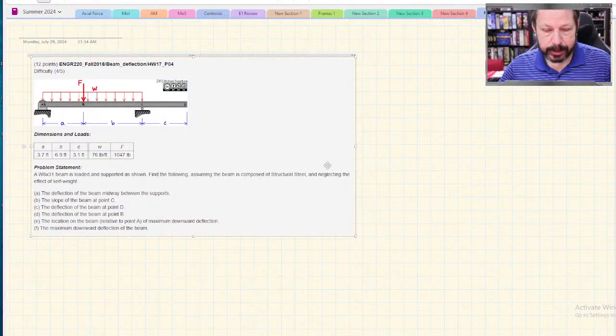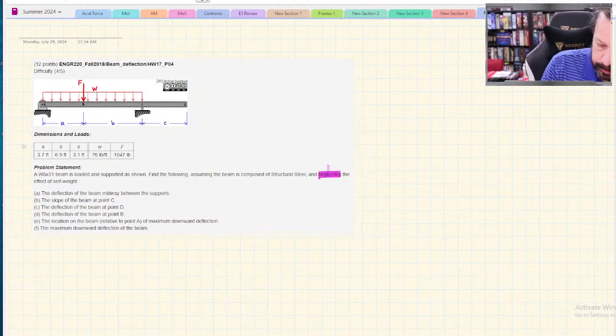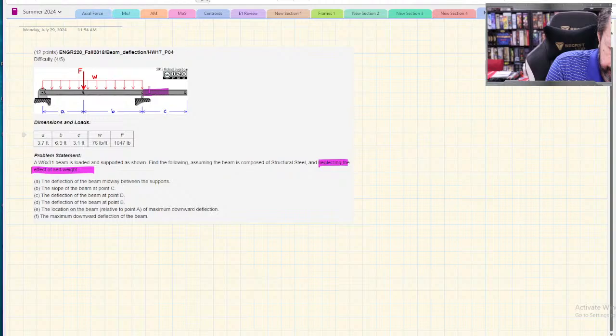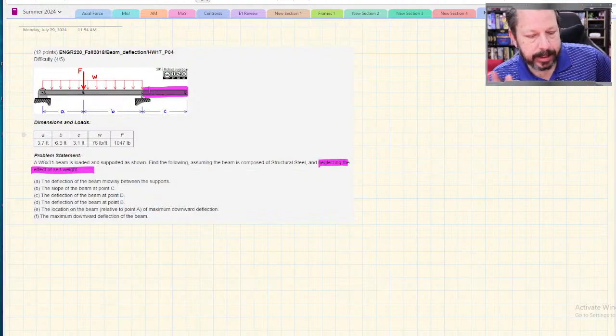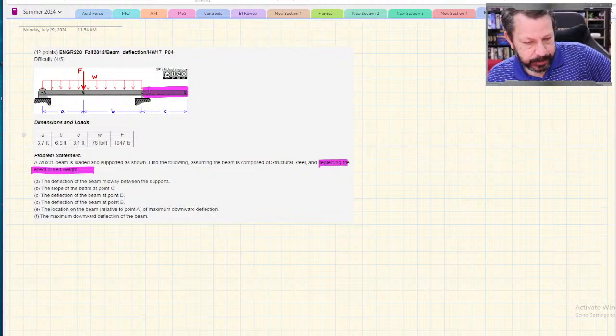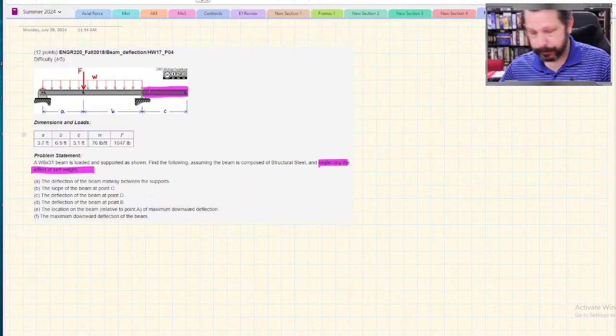So one thing, since we're neglecting self-weight, this part of the beam, CD, is not affecting the deflection or anything between A and C. Now, if CD weighed something, like if we did not get to ignore the weight of the CD portion of the beam or any part of the beam, then yes, that part of the beam, the cantilever overhang part, would be trying to bend the beam between A and C, but we're told to neglect that, so we really don't even need that piece of the beam for parts D, E, and F anyway. So that's useful.